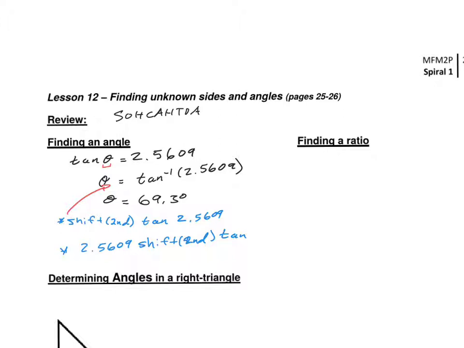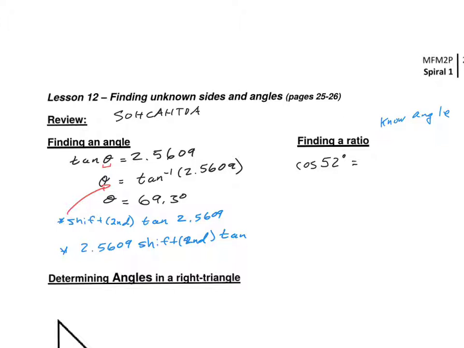Now, suppose that we're looking to find a ratio. You need to know the angle. So imagine if I had cosine of 52 degrees.